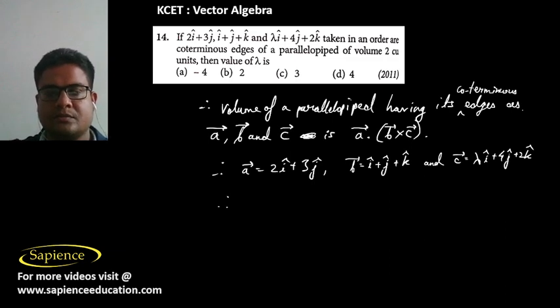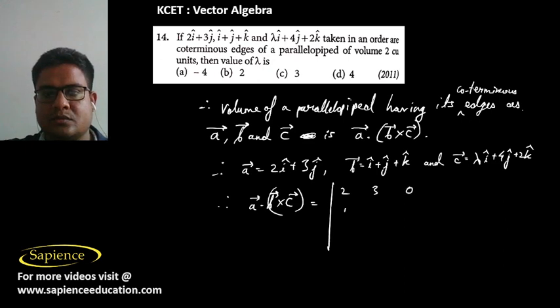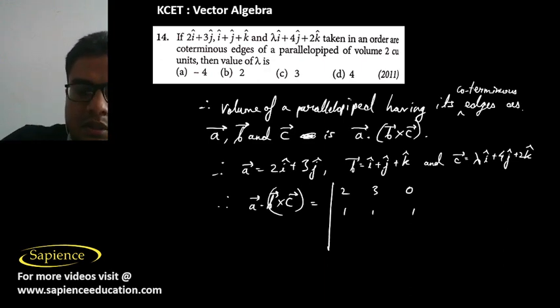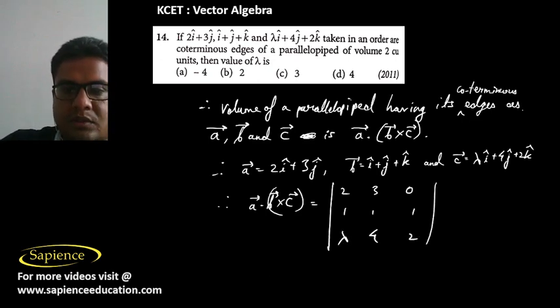Therefore, A dot B cross C is equal to the determinant of 2, 3, 0, 1, 1, 1, lambda, 4, 2, that is equal to 2. We take the components of A vector first, then B vector, and then C vector.